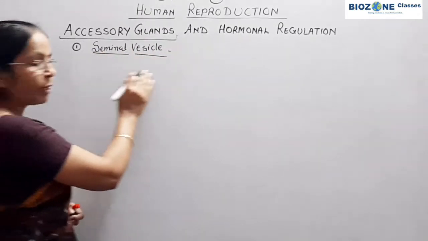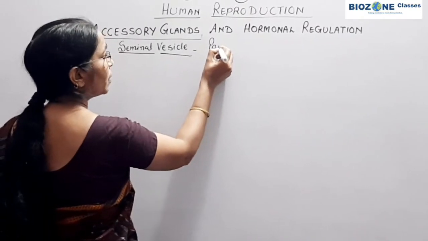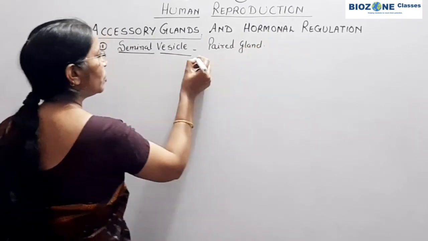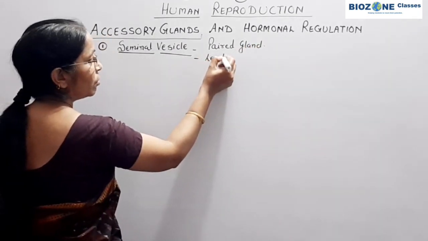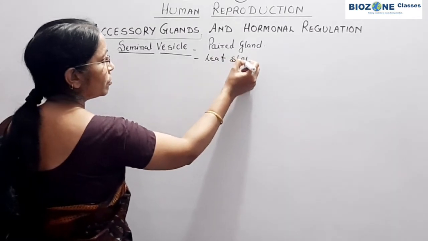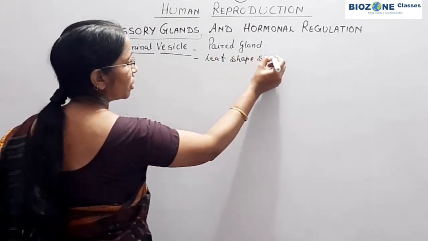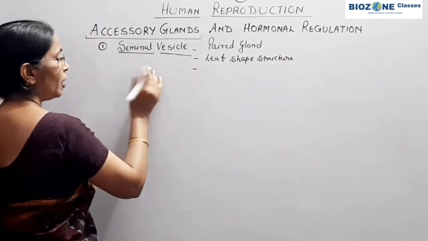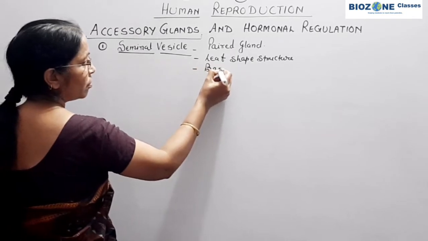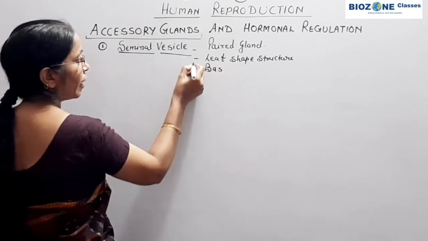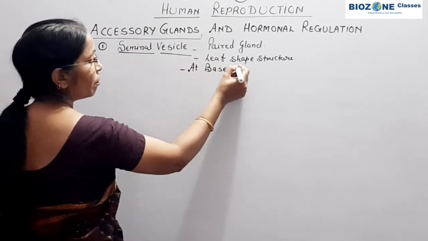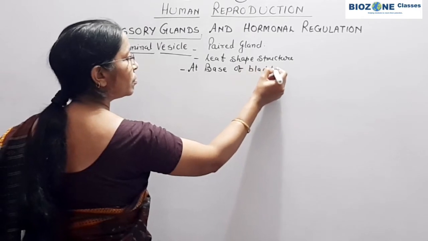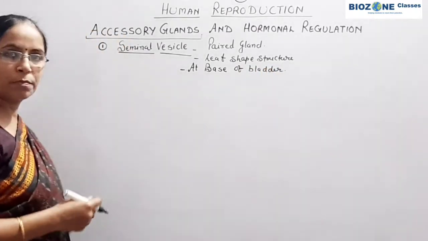It is a paired gland, with a leaf-like shape, structurally similar in shape to a leaf, and present at the base of the urinary bladder. This part you remember.